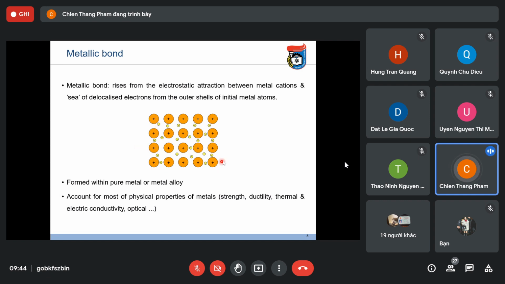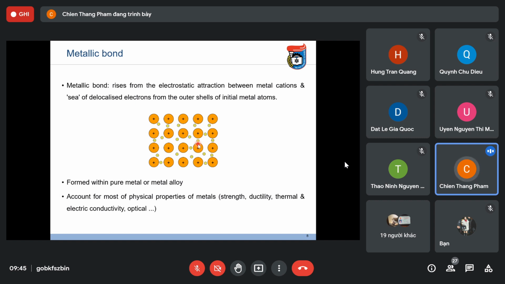However, the metal ions share a sea of electrons, and this sharing is a characteristic of the covalent bond. So the metallic bond can be considered as a mixture of the covalent bond and the ionic bond.